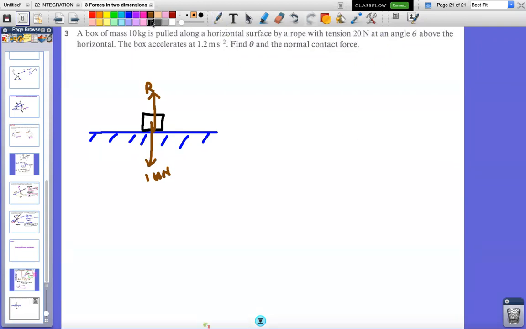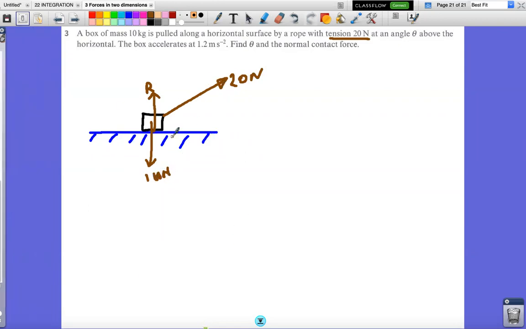And we are told that it is pulled with a force that has tension of 20 newtons. So it is pulled like that. 20 newtons. This is strange since here my 100 newtons is actually shorter than my 20 newtons.